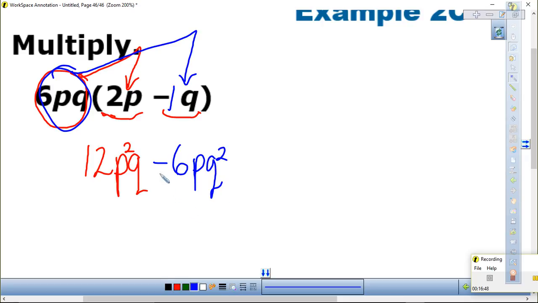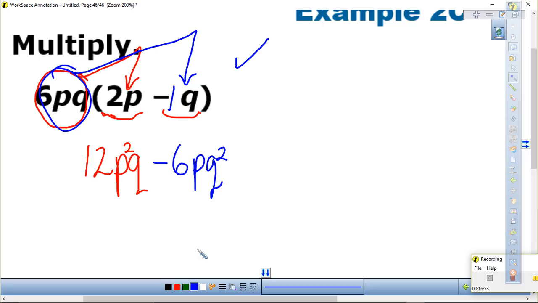Now question, we're done with multiplication here, right? There's subtraction here. Can we combine these two? Talk it over with your neighbor, can we combine these two? All right, let's see.